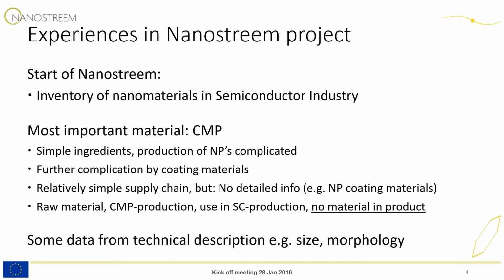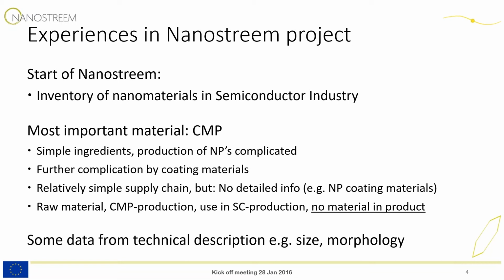And if you talk about those materials, in essence, they have really simple ingredients, but of course the production of the nanoparticles in those materials can be quite complicated, and it can be even further complicated by coating those nanoparticles in the production process.